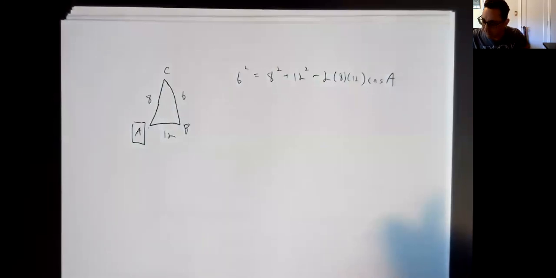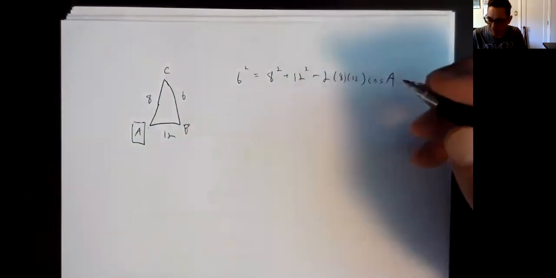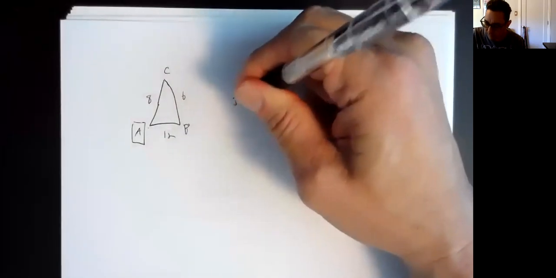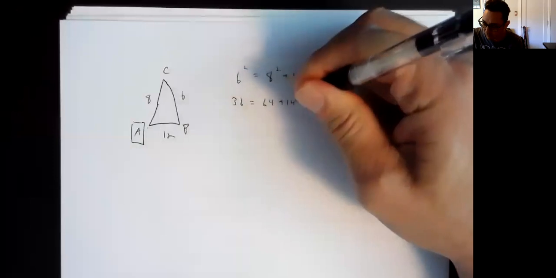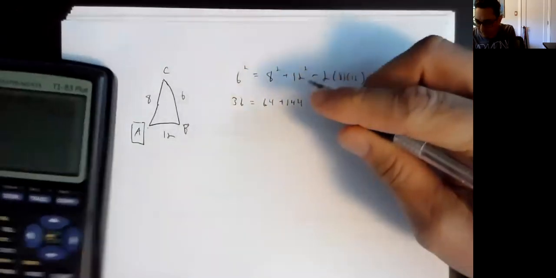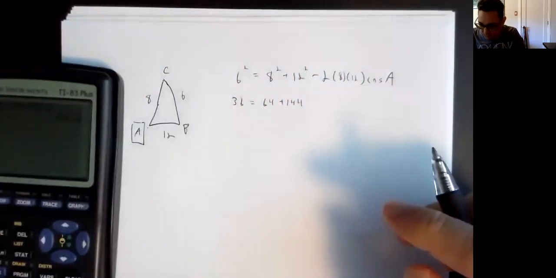All right, so I'm going to have to work all this out, and I'm going to do this in a couple steps. 6 squared is 36, 8 squared is 64, 12 squared is 144, and then I'll use a calculator for negative 2 times 8 times 12.